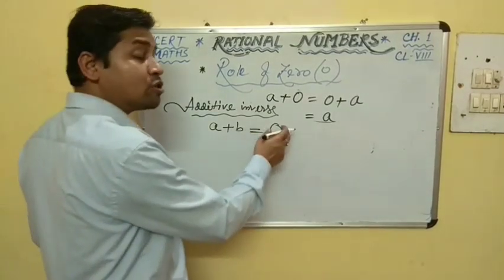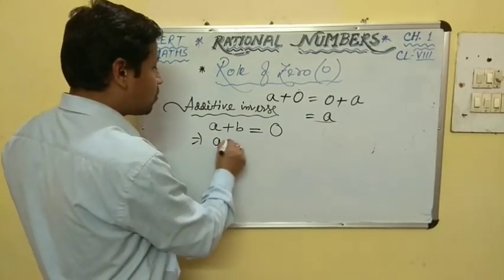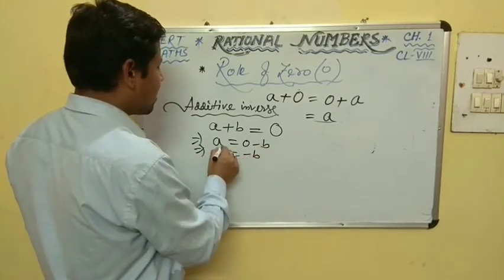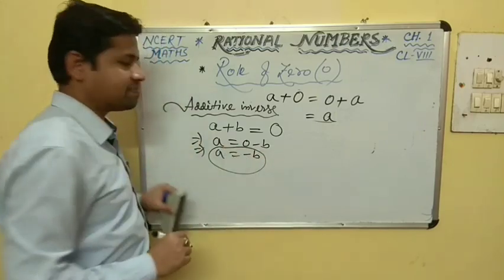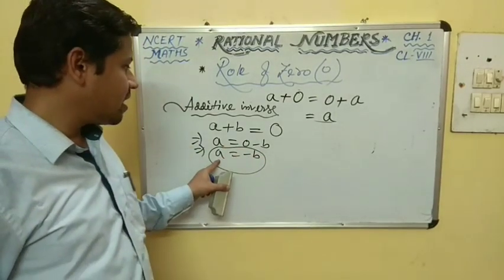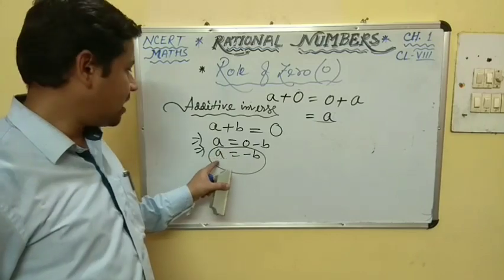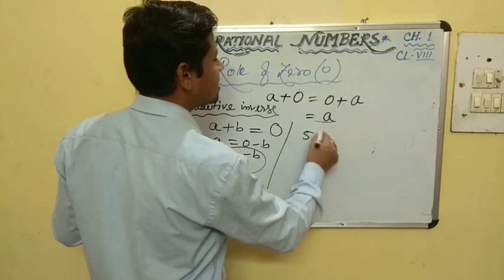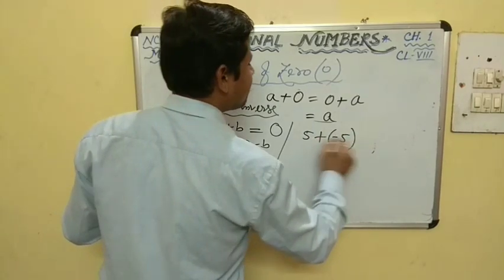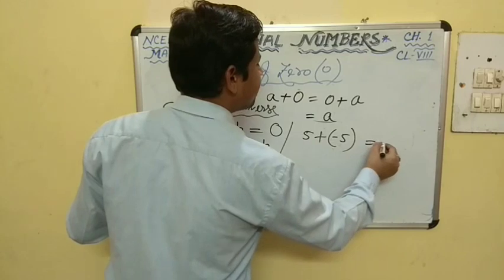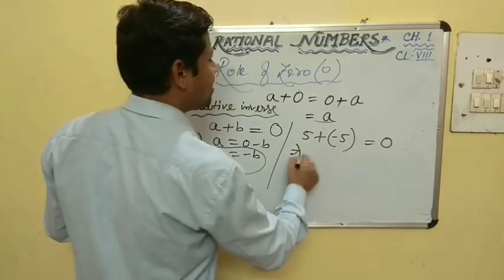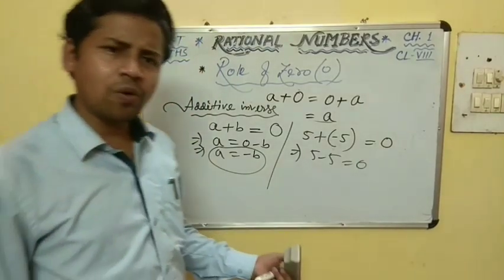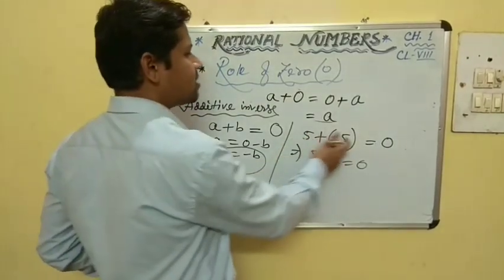So if a plus b equals 0, that means a equals 0 minus b, that means a equals minus b. For example, the additive inverse of 5 is minus 5, because 5 plus minus 5 gives 0. How? Because 5 minus 5 is 0, 6 minus 6 is 0, 7 minus 7 is 0. That means the additive inverse of 5 is minus 5.